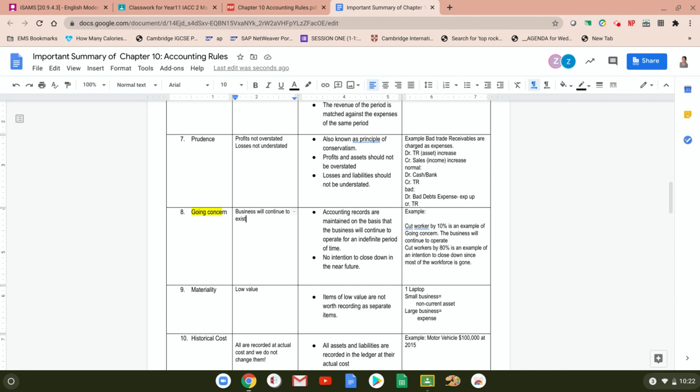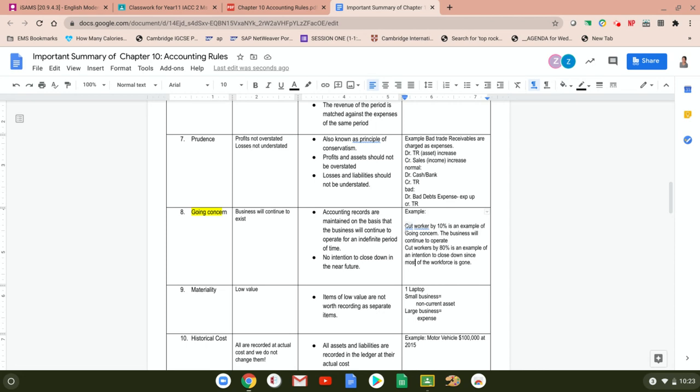Even though the business suffered a net loss, it still means that the business will continue to exist. The note here is no intention to close down in the near future. So even though there's a net loss of 2 or 3 years, if there is no intention to close down, then the business will continue to exist.